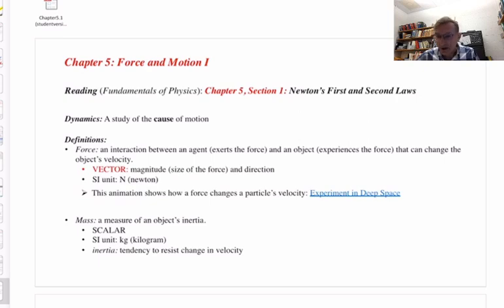In the first chapters, up through chapter 4, I will remind you, what we have been studying is that part of the study of motion that is called kinematics. And remember, the purpose of kinematics is to describe how a particle is moving. Just describe how it's moving.